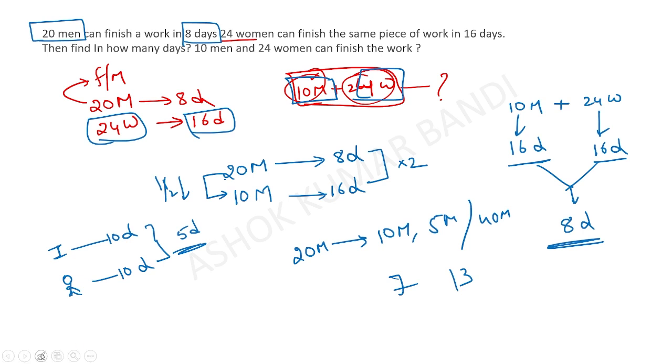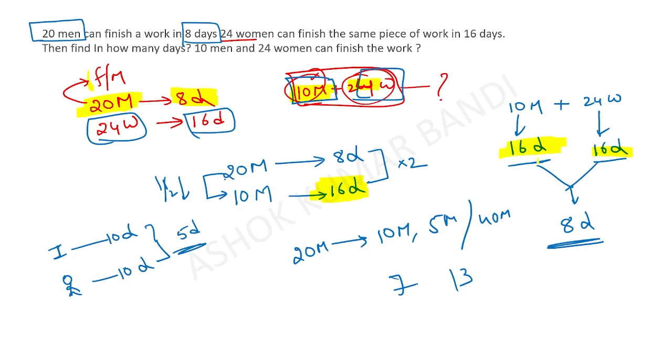Okay, I will just repeat the problem once again, then we will move on to the next method. See guys, what we're doing here is, we know 20 men are going to complete the work in just 8 days. Now, because we have 20 men, you can guess the answer for 10 men. Why? Because we have only half the men, so they're going to take double the time. Similarly, we have 24 women, so they are also going to take 16 days.